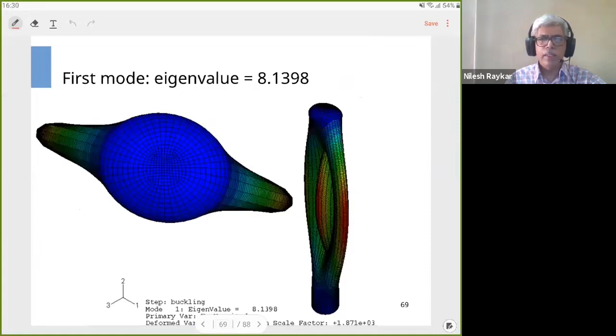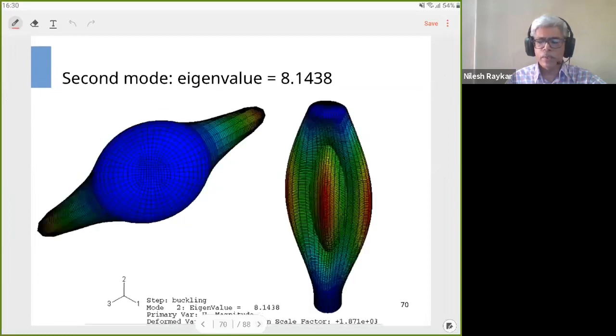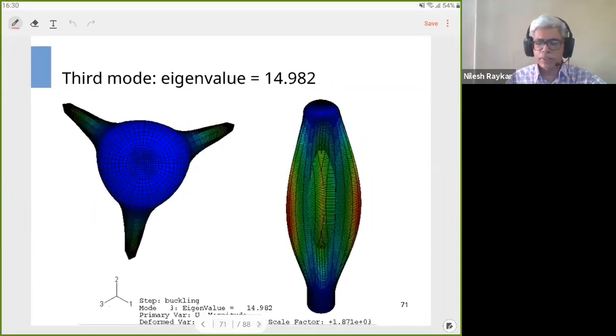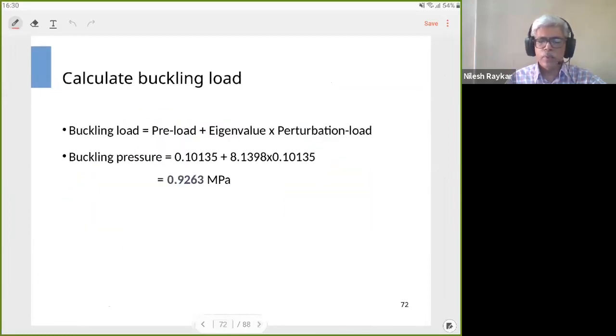At the end of this analysis you will find the different buckling modes. You have to take the mode corresponding to the smallest value of eigenvalue. The eigenvalue is related to the buckling pressure through a formula which is defined in the code. You use that to find a critical buckling pressure, and your external pressure should be less than that buckling pressure.